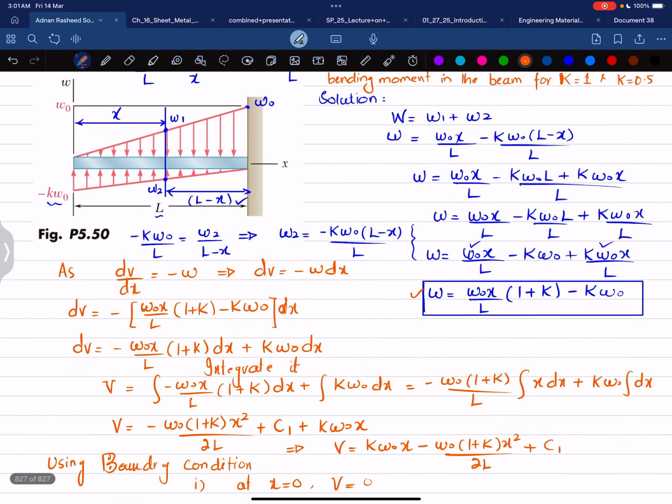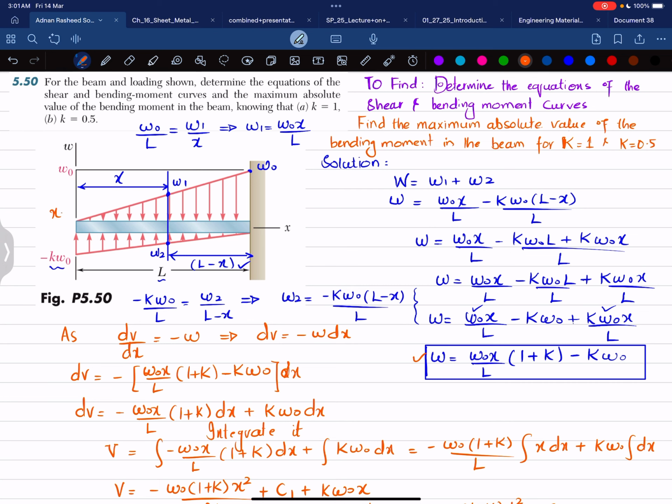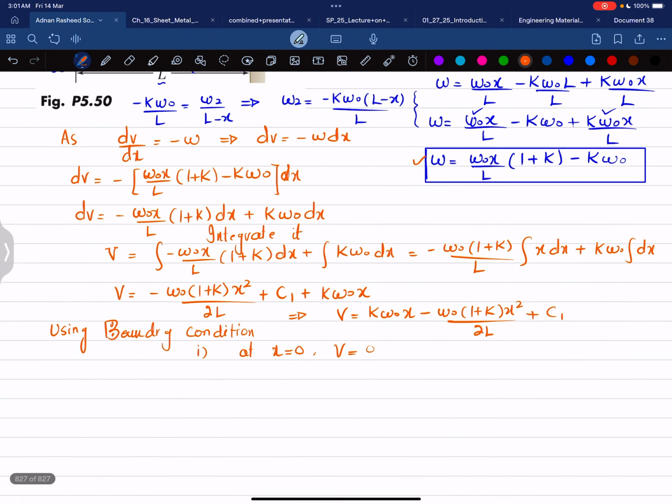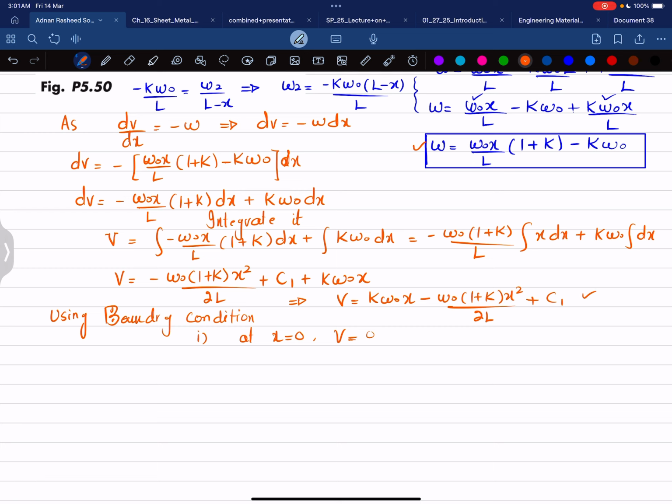Let me show you here. You can see here x is equal to 0, so the shear force at this point will be 0. Put it in this equation. When you put x equal to 0, this term will be 0, this term will be 0, and V is 0. So it means that C1 is equal to 0.